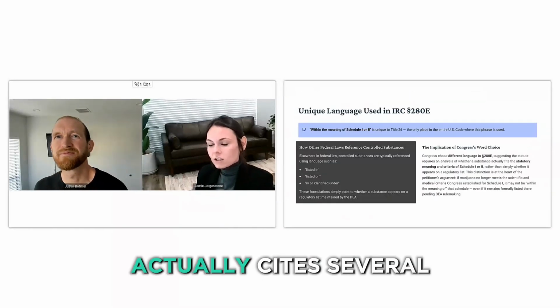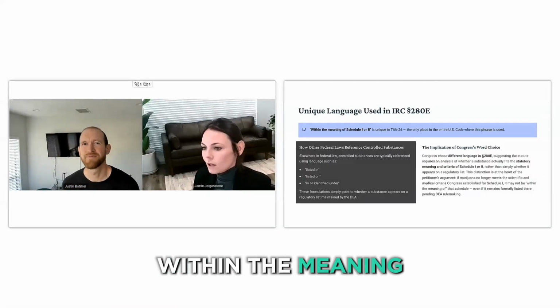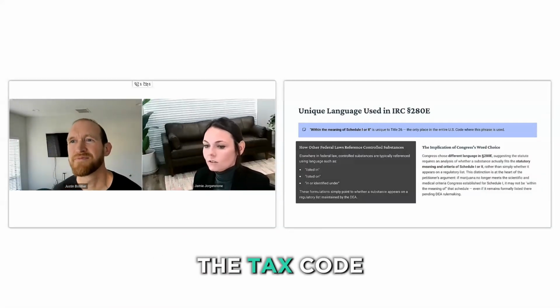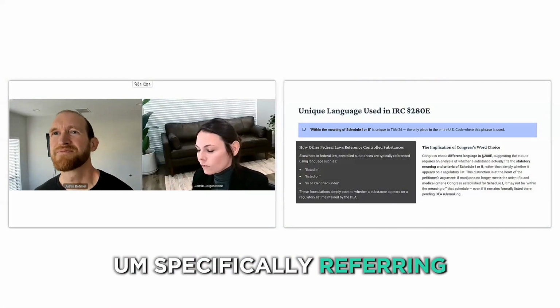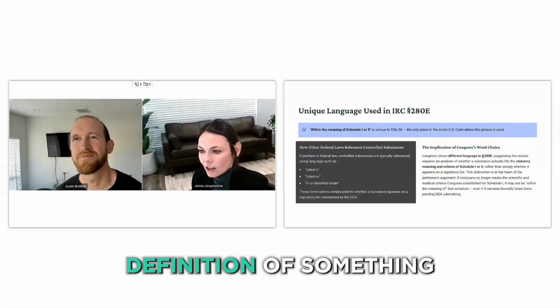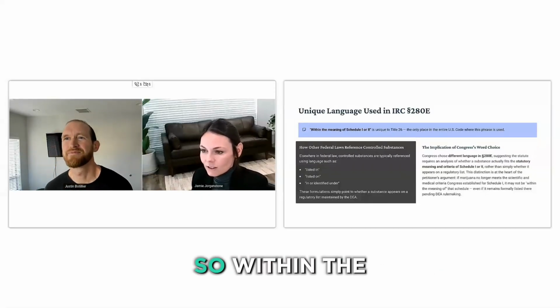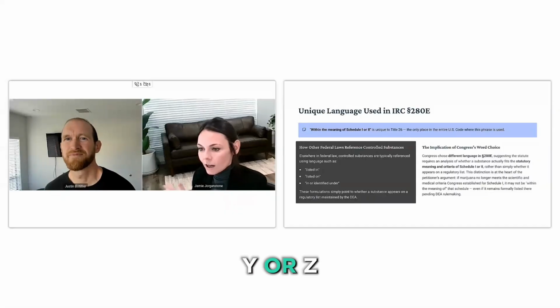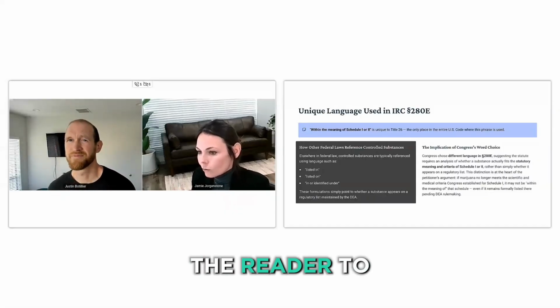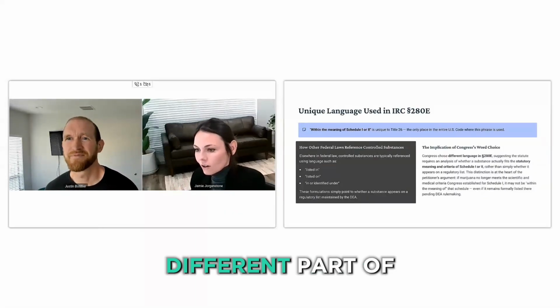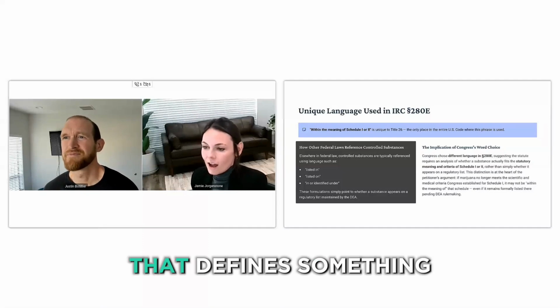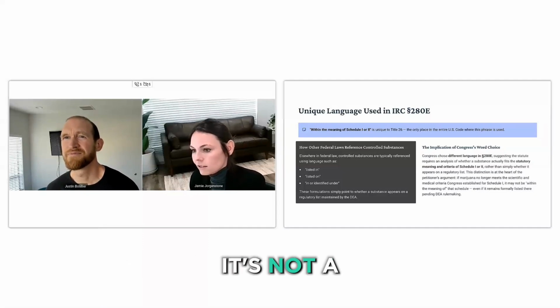And he actually cites several examples of within the meaning used elsewhere in the tax code, specifically referring to a definition of something. So within the meaning of X, Y, or Z, it invites the reader to go look to a different part of the code that defines something. It's not a list.